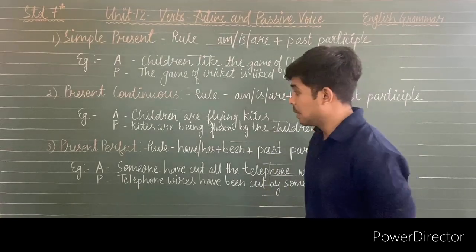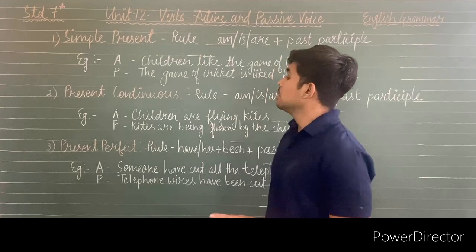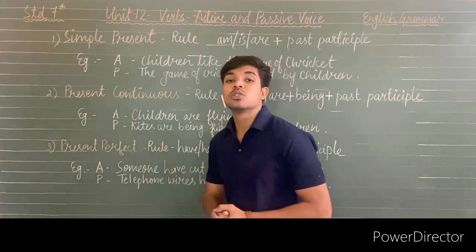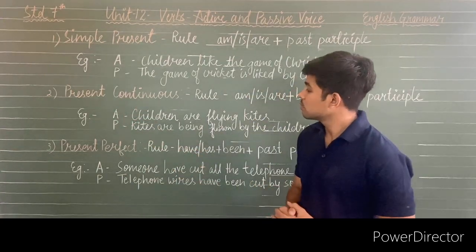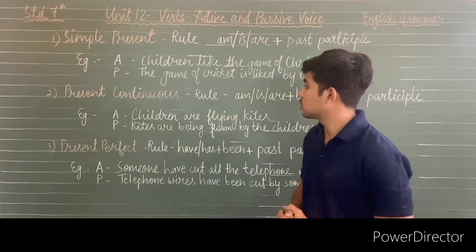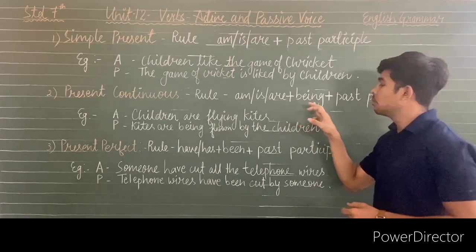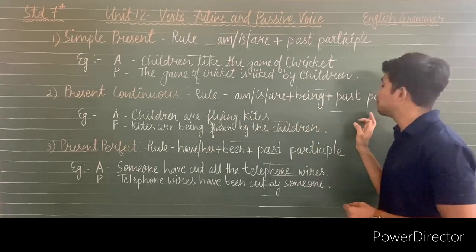So this is simple. Then what changes have we made in present continuous to change the sentence into a passive voice? So the rule is am, is, are plus being plus past participle.